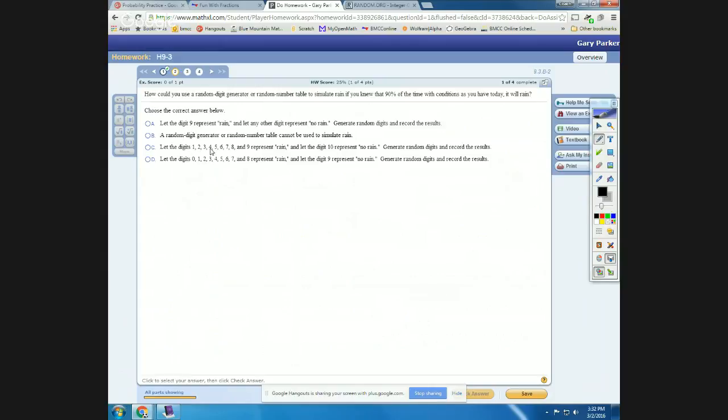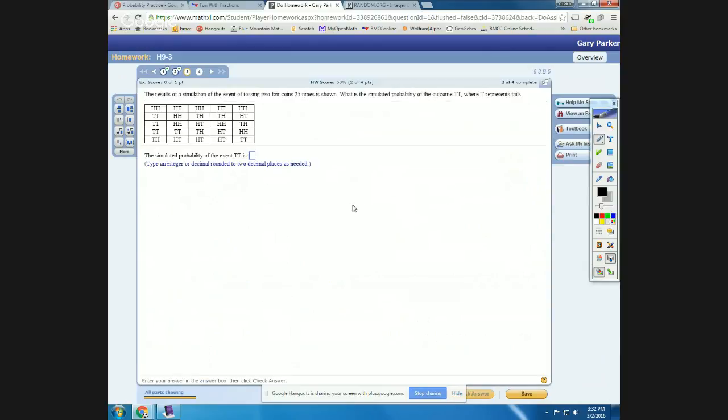Let's see, the digits 1 through 8 and 9 represent rain, and 10 represents no rain. Problem, 10 ain't a digit. It's a numeral made up of 2 digits. So they're messing with us there. So the only good answer is the last one. 0 through 8 means rain, 9 means no rain. Does that make sense? So that's how you'd use a random number generator to do such a thing.